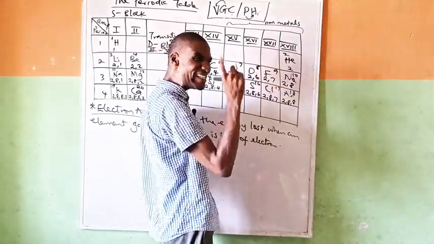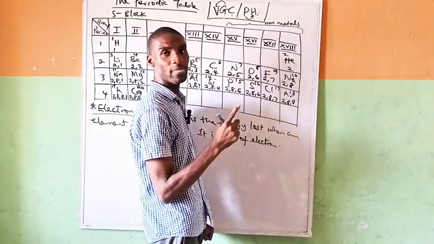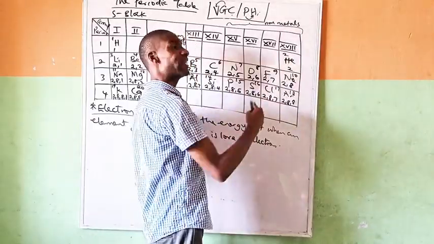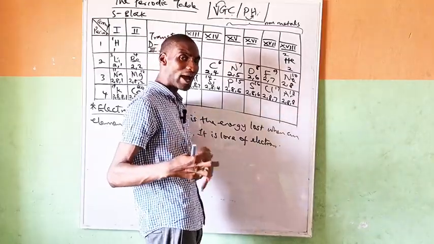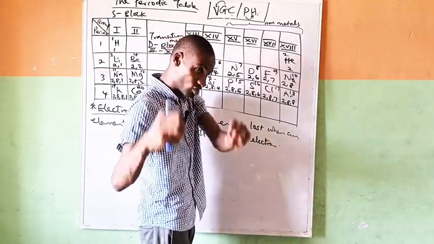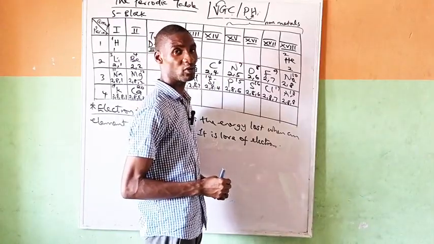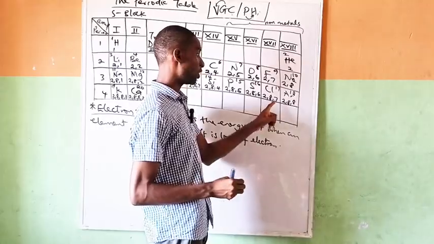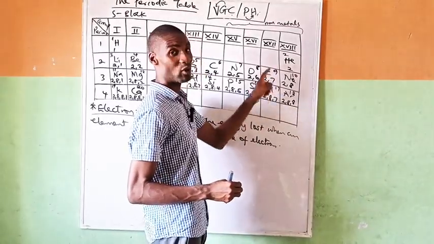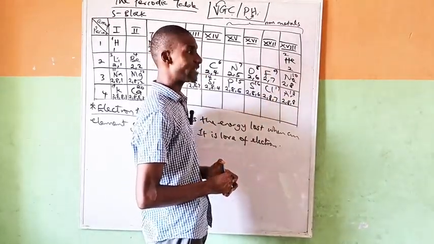These guys need dearly just 1. So if you want to come and take from them, if you don't hold the electron you are having with you tightly, they will collect it from you. So they are very ferocious. And that's why they are very reactive, radicals.